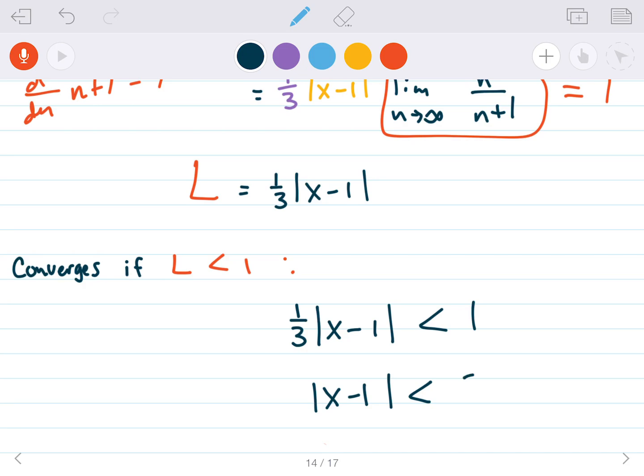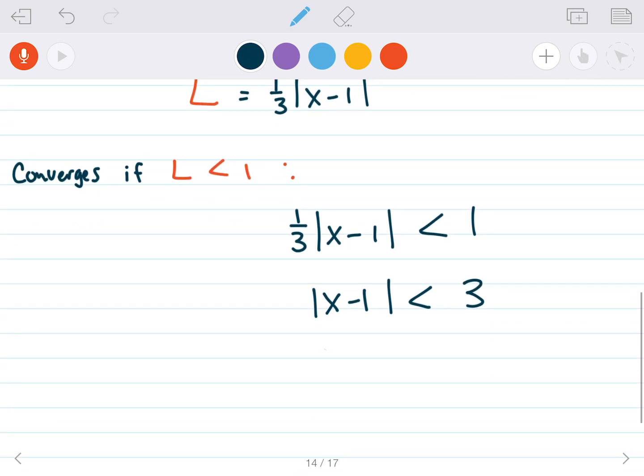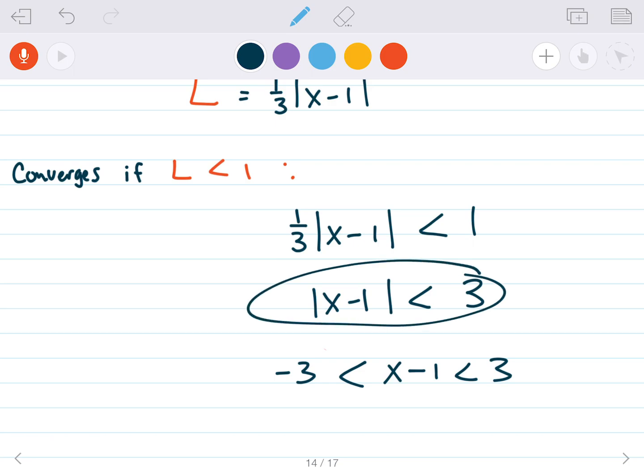Now, a roundabout way of doing this is saying that when I take this out of the absolute value bars, I get x minus 1 is less than 3 but greater than negative 3. That's a little trick there, but you should verify that this works.